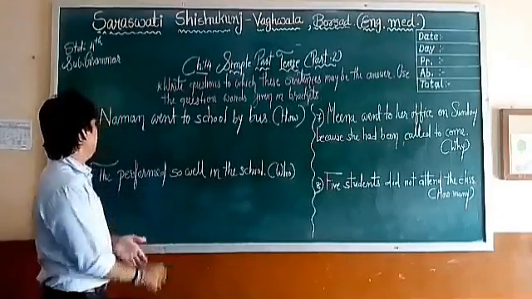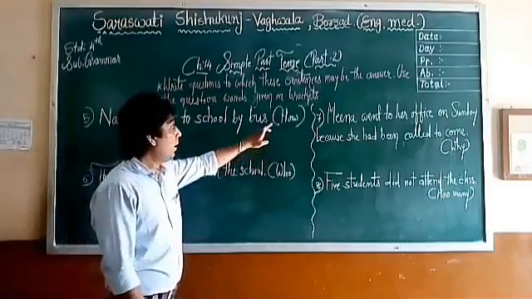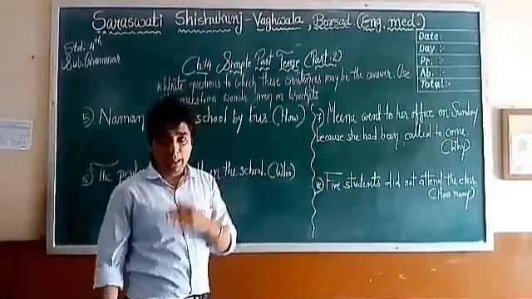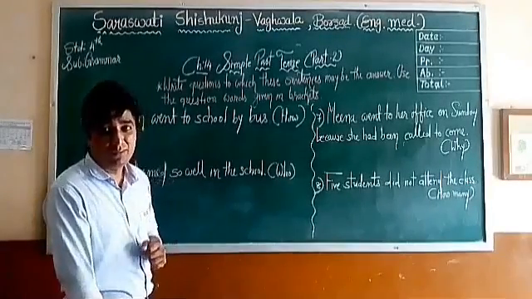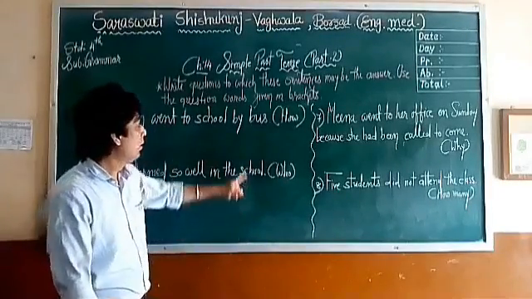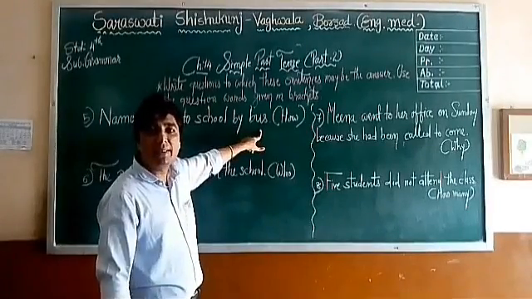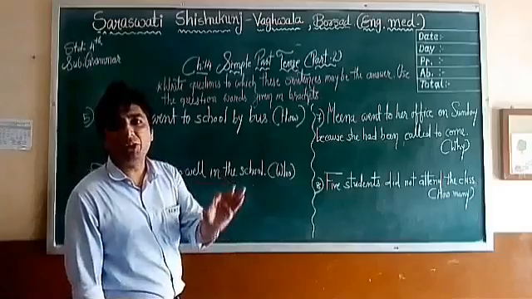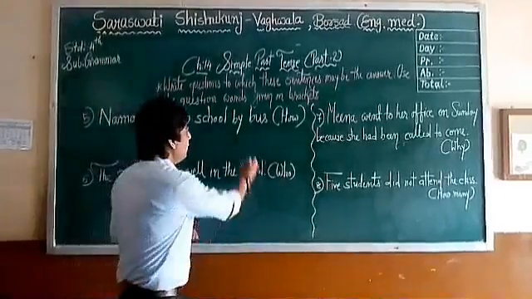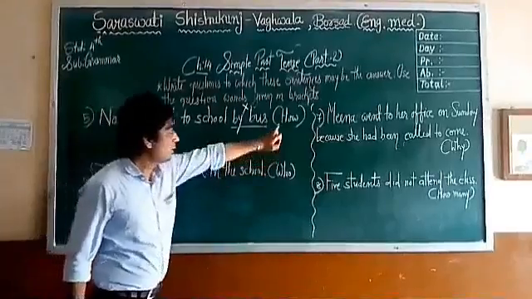Alright students, now let's see number 5. Naman went to school by bus. How? Naman went to school, but how? The question, how? By bus. So by bus is our answer. So we are not going to mention it in our question, right? So this will be cancelled in the question. So how?